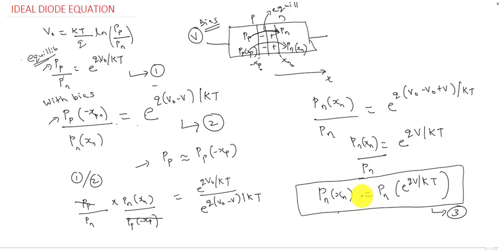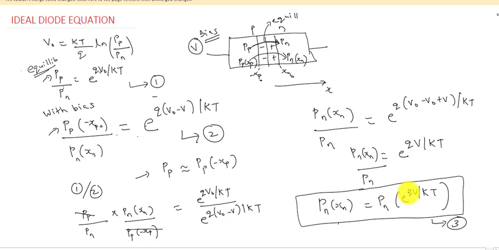The Pn of Xn value is increased by a factor e raised to qV by kT, where V is the applied voltage. So with the applied voltage, the value of minority carrier is increased. So this equation 3 is known as minority carrier injection.